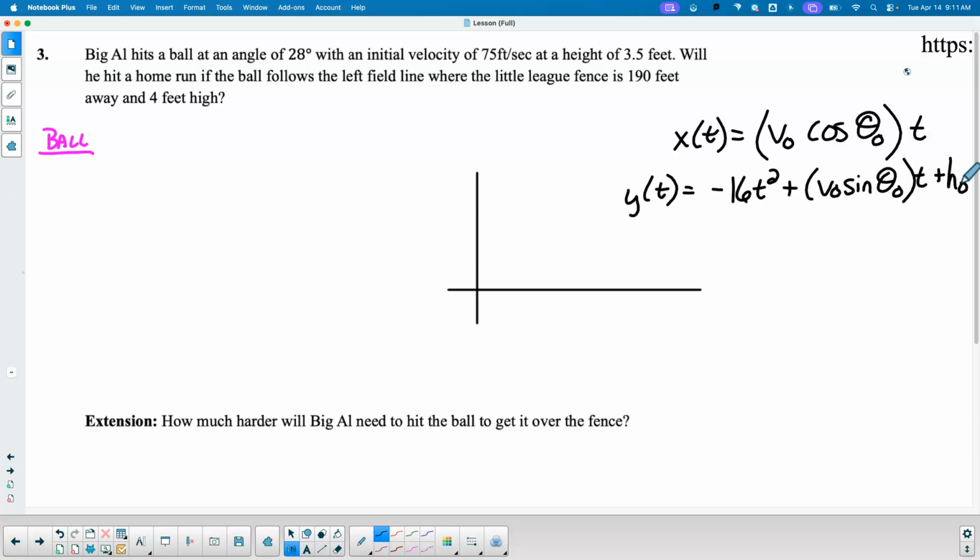So if we make an equation for the path of Big Al's baseball, our parametric equation: x of t is going to equal our initial velocity, 75 feet per second, times the cosine of 28 degrees times t.